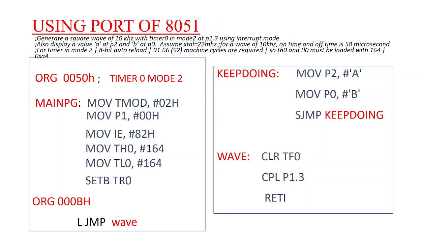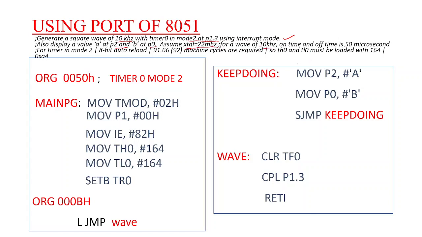The conditions are, we'll take interrupt enable here, and timer 0 is kept in mode 2, with the output at port 1.3, using interrupt mode, so that we can have a 10 kilohertz frequency. Then port 2 we have as A and B is at port 0. The crystal clock frequency is 22 megahertz and the waveform should be 10 kilohertz.